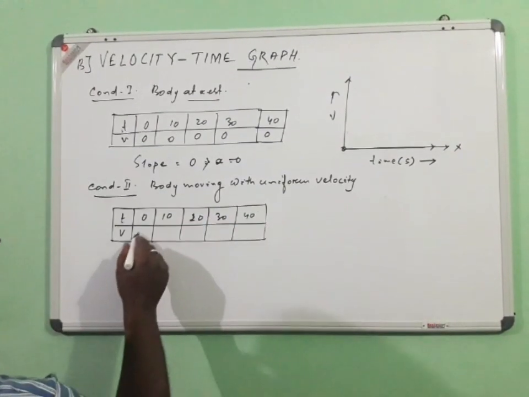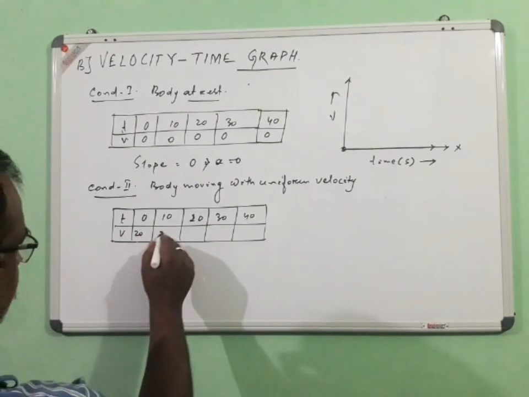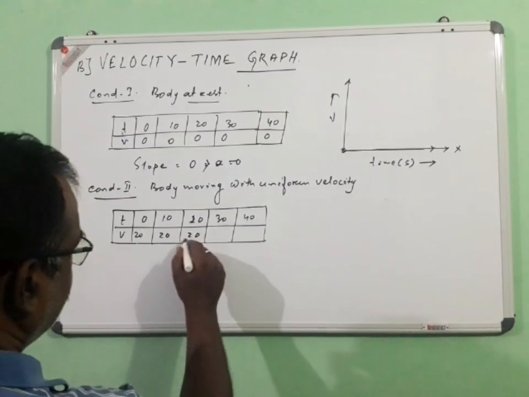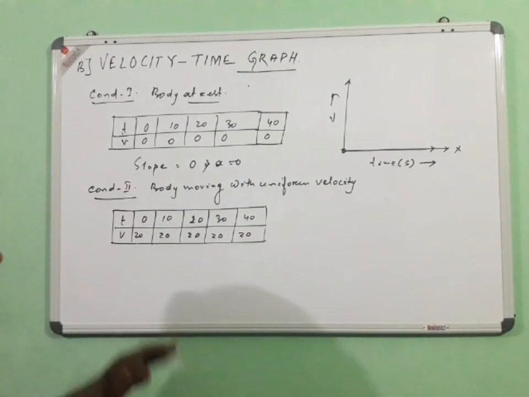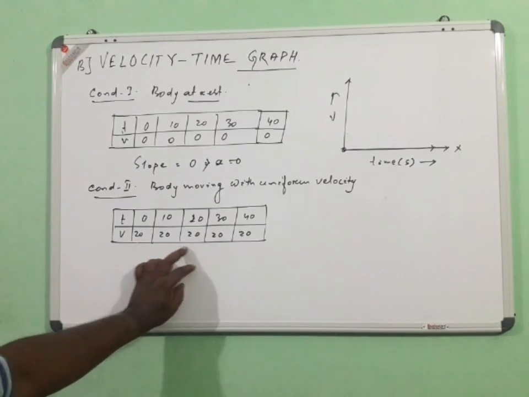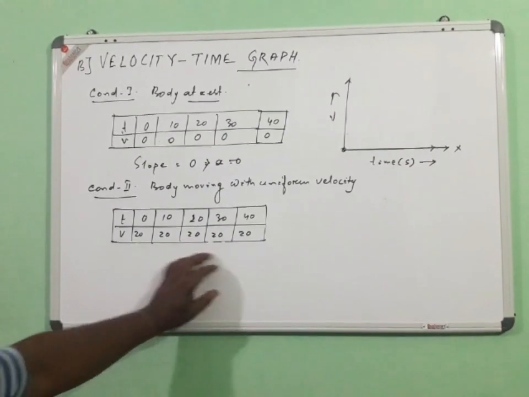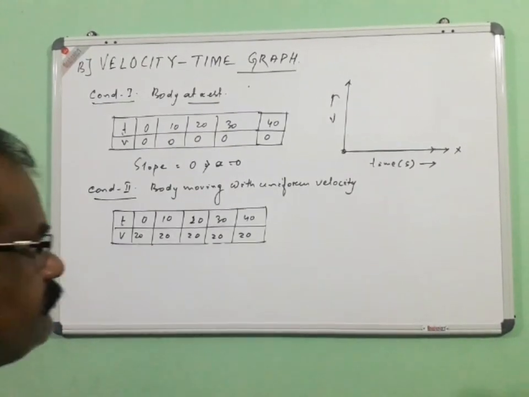At 0 second the velocity was 20 meter per second, at 10 second it is 20, and at every instant it is 20 meter per second. You can see that there is no change in the velocity, so we can say that the body is moving with uniform velocity.